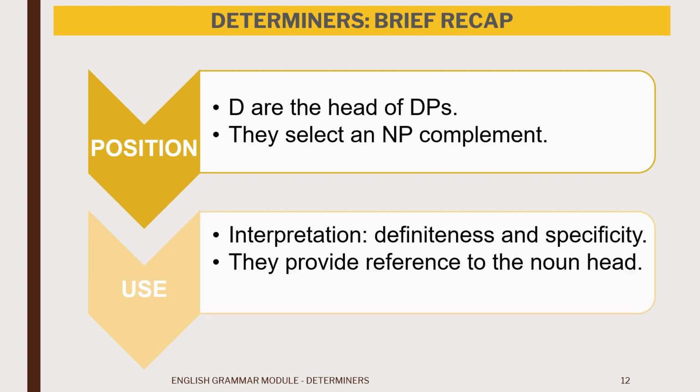Why do we use determiners? Well, because they are important to the interpretation of the noun, okay? And they provide information about definiteness and specificity. This type of information is part of each type of determiner. And so they provide a reference to the noun head.